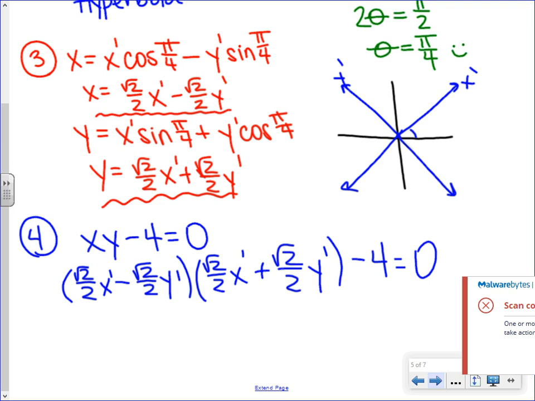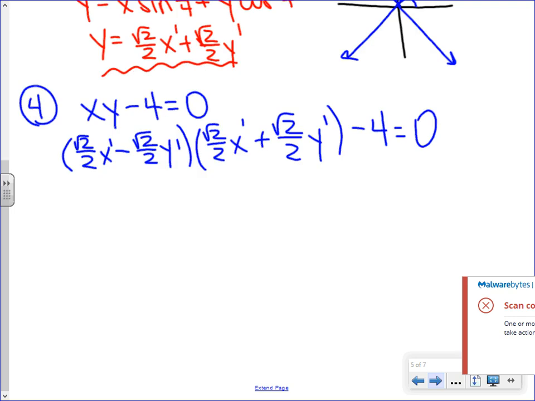Then, knowing we have a hyperbola, we need to get it in standard form for our hyperbola. So, let's do this. We have radical 2 over 2 x times radical 2 over 2 x, which is 1/2 x prime squared.